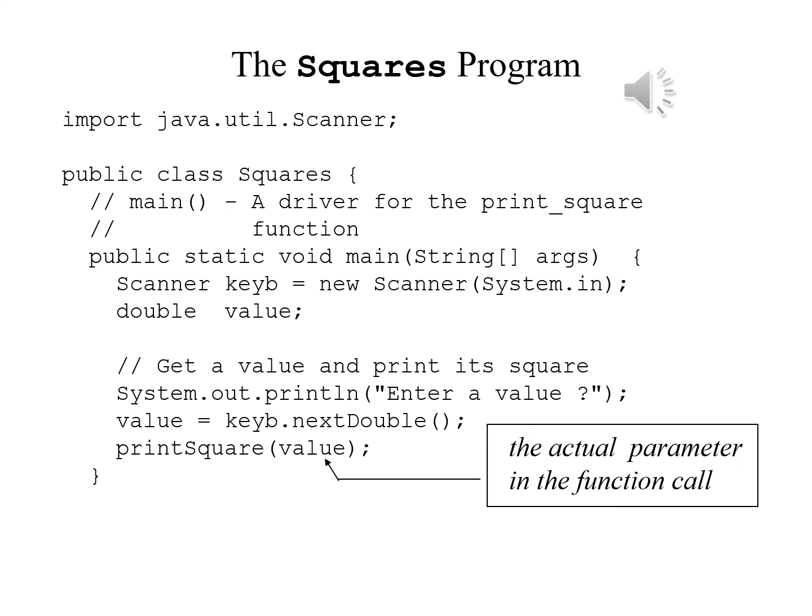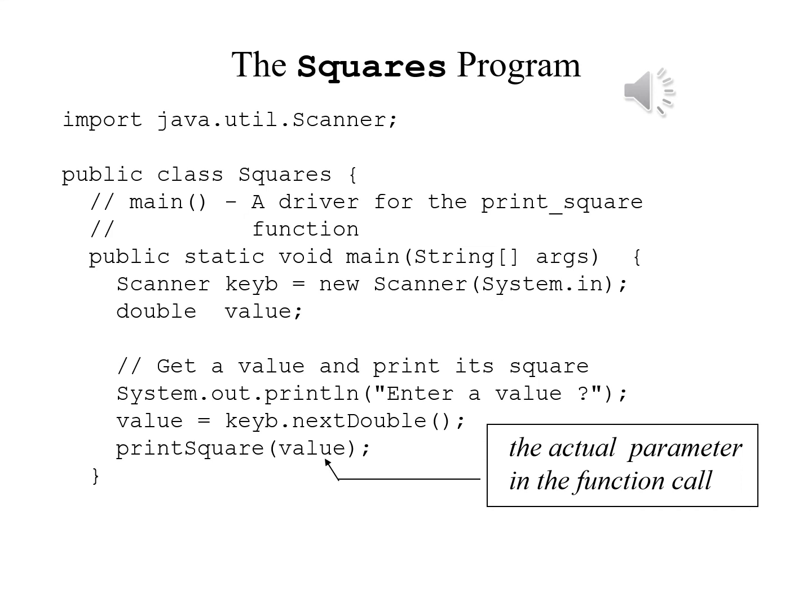I write a comment for the main program, main, a driver for the print square function, and then I have the header for the main method, public static void main(String[] args), and now I have an open brace for the method. Scanner keyboard equals new Scanner(System.in), and I declare the variable double value.